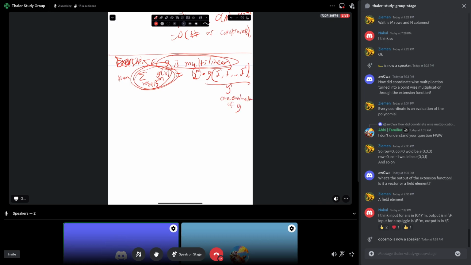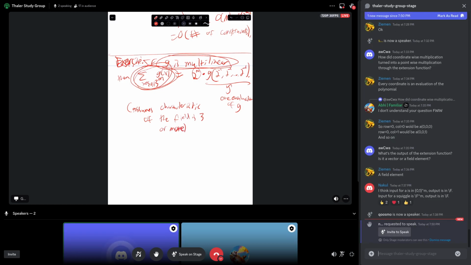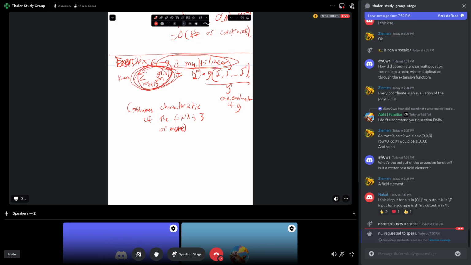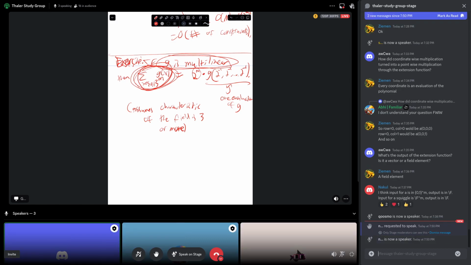at a very special point, namely a half. This of course assumes the characteristic of the field is more than 2, just because in a field of characteristic 2, 2 has no inverse. The characteristic of the field is 3 or more. The point of sum check from the verifier's perspective is to reduce computing a big sum over 2 to the m terms down to evaluating G at a single random point.